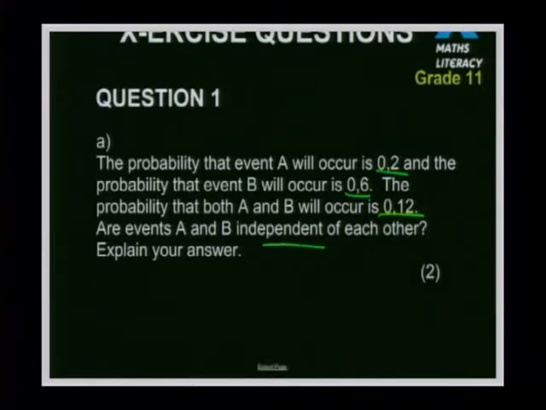And explain your answer. So remember, we needed to either add or multiply, and if they are independent of each other, we always said independent was multiply. So do the calculations, work out the probability of both occurring, and see if you get that answer. Show all your workings.